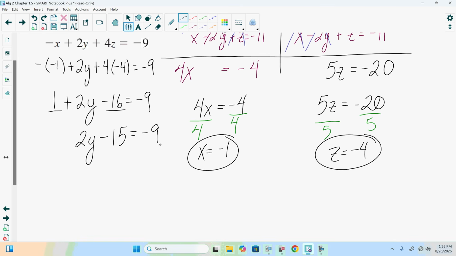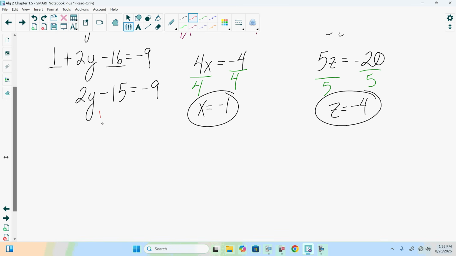What would we do next? We'd add 15 to both sides, yes. Because negative 15 plus 15 is 0. Negative 9 plus 15. 6. Divide both sides by 2.